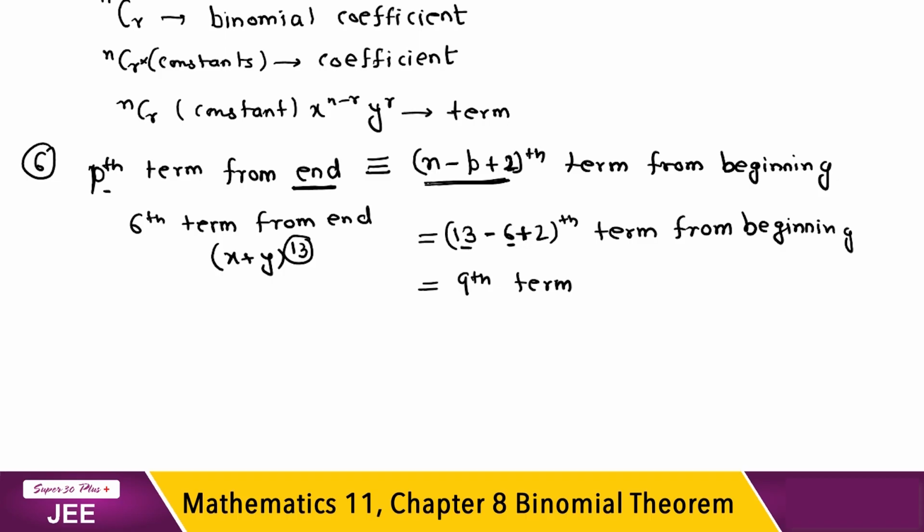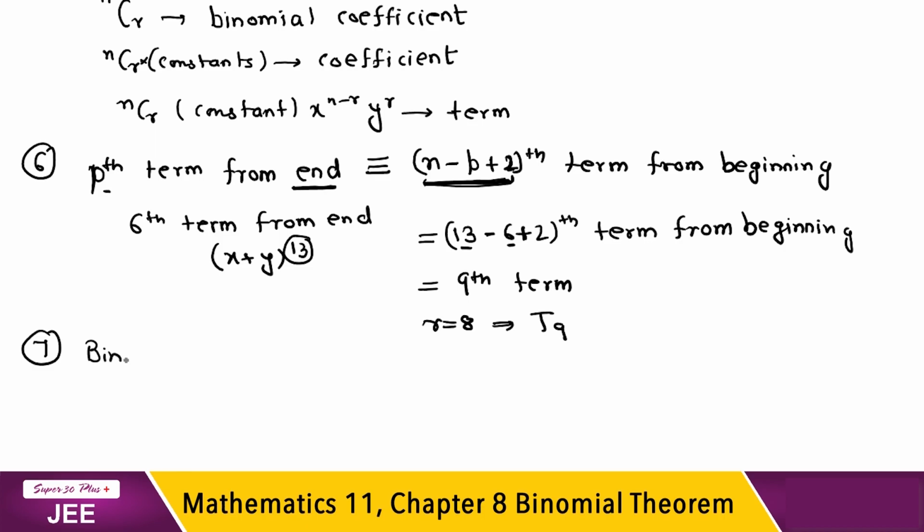For determining the 9th term, r will be kept as 8, and you get T(r+1) as T9. So if they ask for any particular term from the end, you can calculate it from the beginning. You don't have to change the general term, you just have to calculate this (n minus p plus 2)th term.